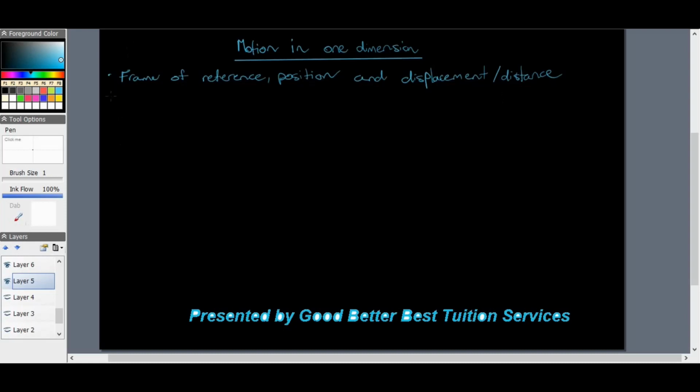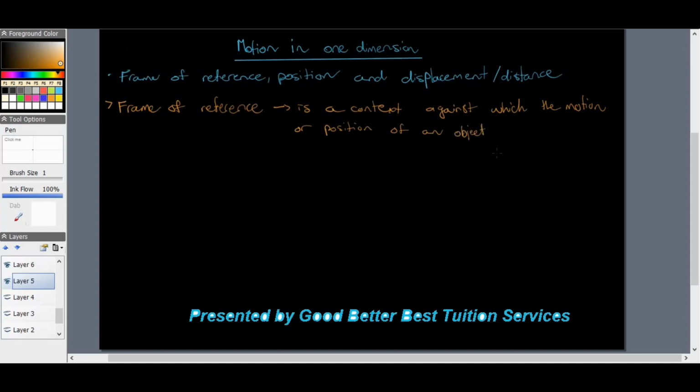So if we have a look at the first one, frame of reference, which is sometimes also called reference of frame. This is a context against which the motion or position of an object is defined.